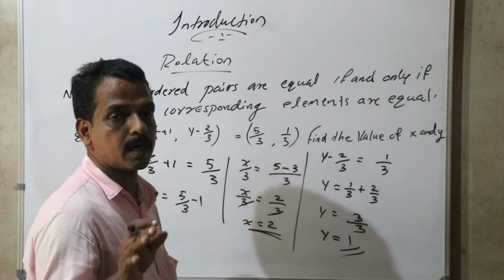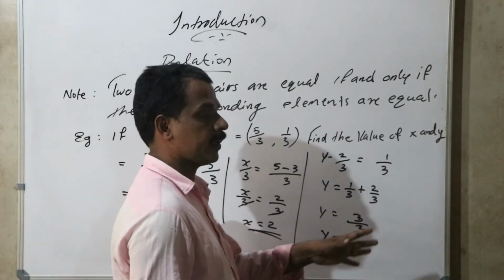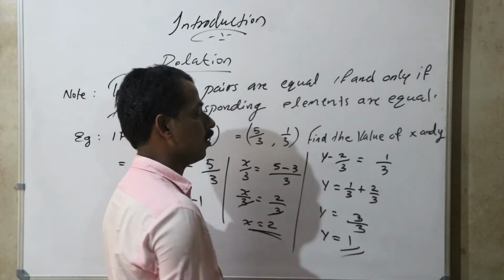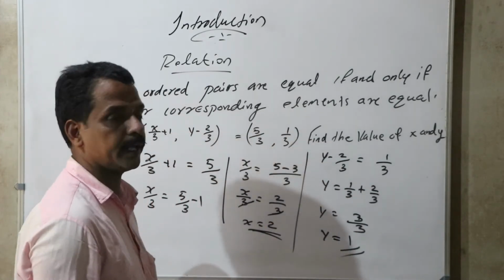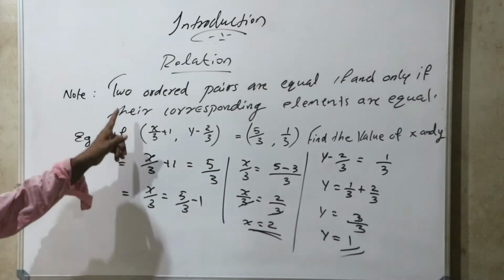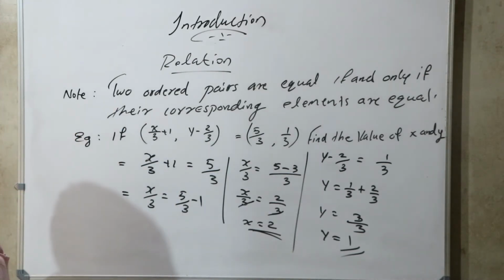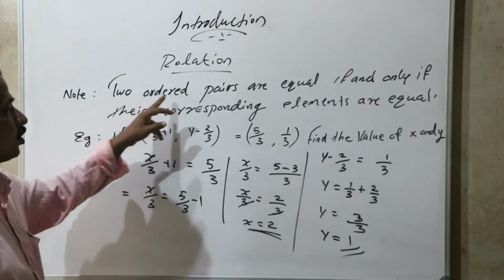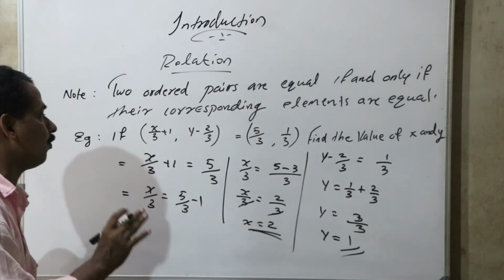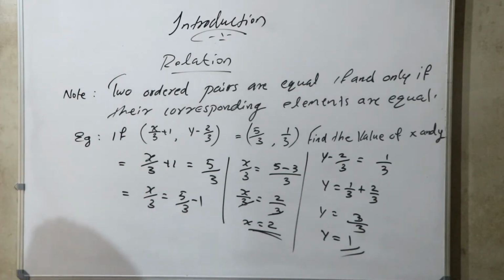Their denominators are the same, so we can write a denominator 3. Then 1 plus 2 is 3. 3 by 3 equals 1. Y is equal to 1. Okay? This rule we must study well. What is the rule? Two ordered pairs are equal if and only if the corresponding elements are equal.